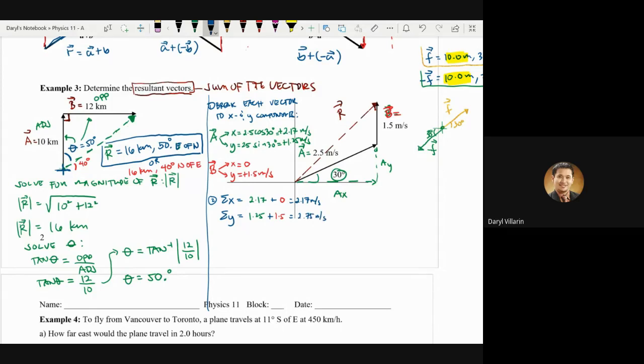meters per second. So if you can see here, actually this becomes your x and y components of the resultant.